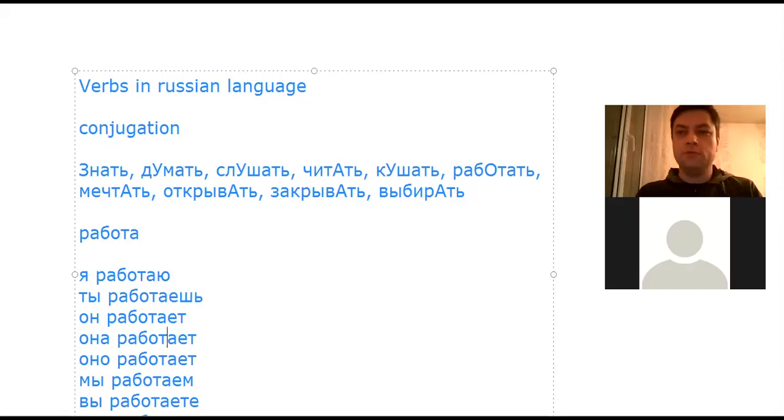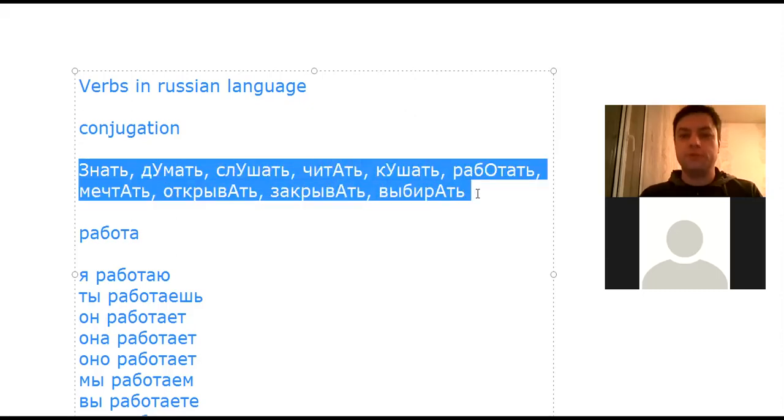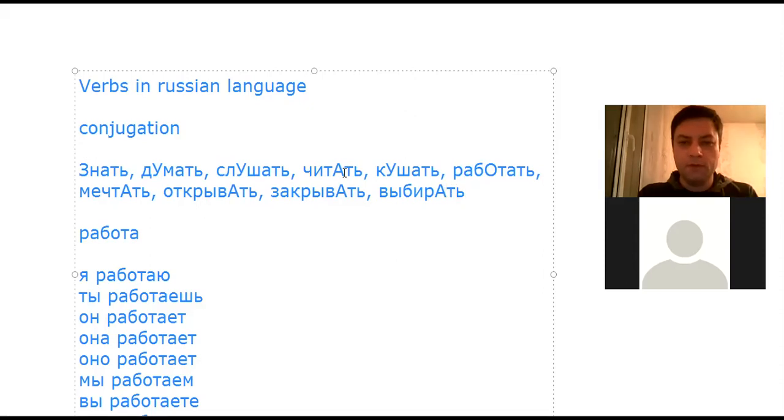So all these verbs that I have given you, they all follow the same formula. I chose them on purpose. So exactly the same formula. They all finish with the ending "ть", and then you take away the "ть" and you add all the endings. Okay, I can write the endings.